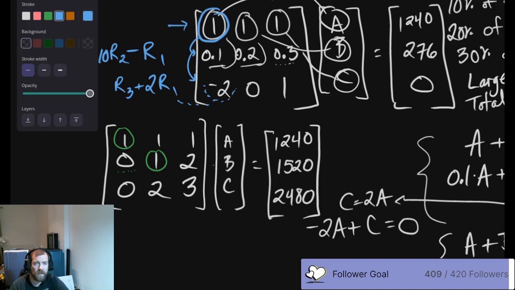All right, now we just do it again. So we need to get rid of this 2 that's here. And again, we can take row 3 and then just subtract twice row 2. Or if we don't want to deal with negatives, we can kind of flip that around a bit and make that row 3 is going to be negative and row 2 is going to be positive.